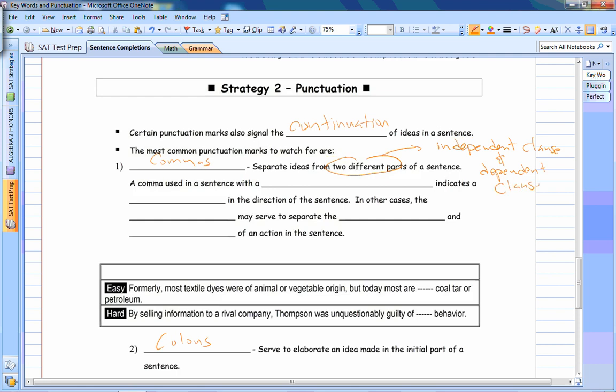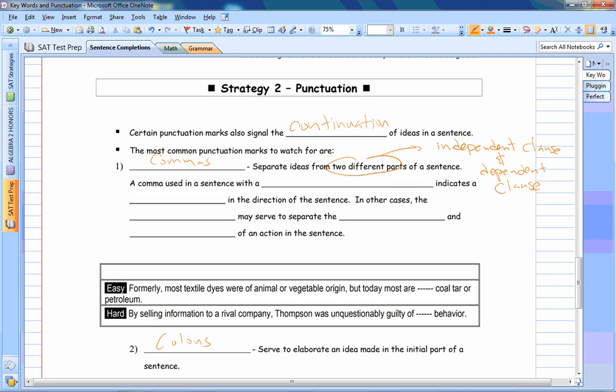An independent clause is like a statement that could stand on its own as a sentence, whereas a dependent clause would not be able to stand on its own as a sentence. So usually a comma is used to separate those two statements or phrases in one compound sentence.